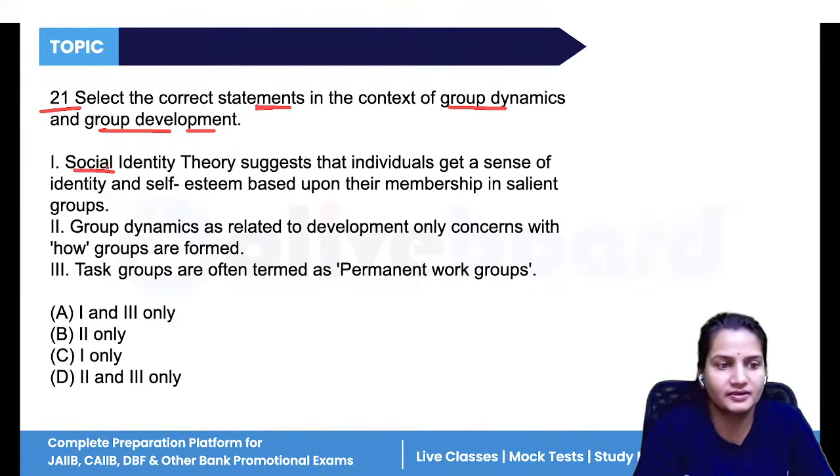Social identity theory suggests that individuals get a sense of identity and high self-esteem based on their membership.